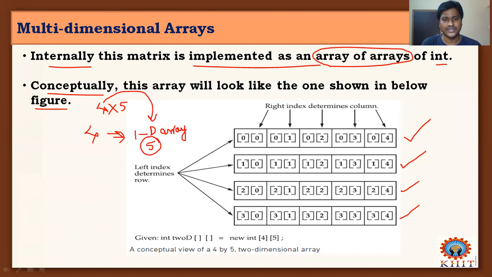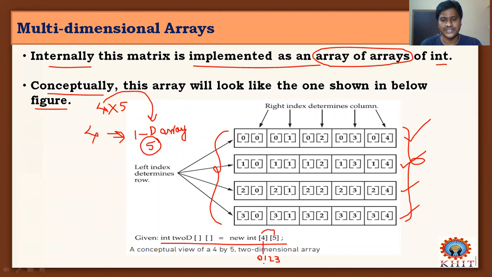So together we organize this set of single-dimensional arrays into what is called a two-dimensional array. This is the representation given here. These 4 and 5 values represent it like this. This 4 indicates the row indexes 0, 1, 2, and 3.